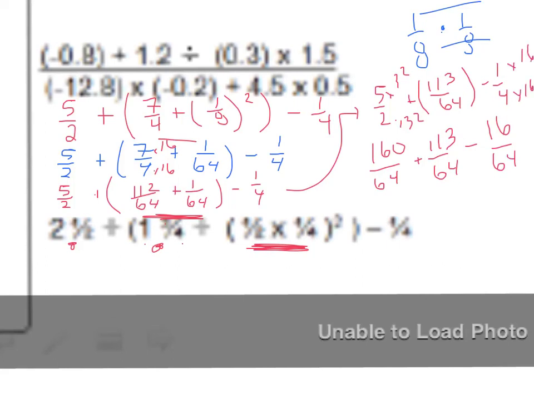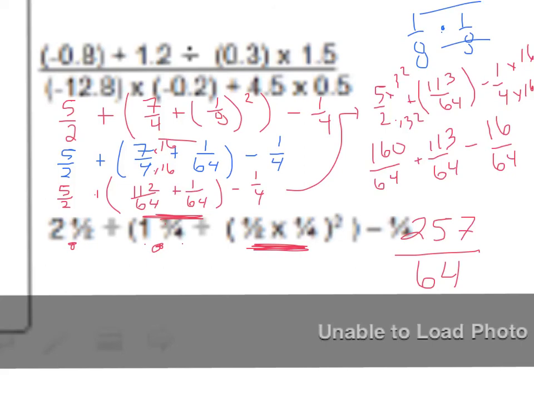The bottoms are all the same. I get a denominator of 64. I can add and subtract the tops. So I go 160 plus 113 minus 16, and I get 257 over 64.